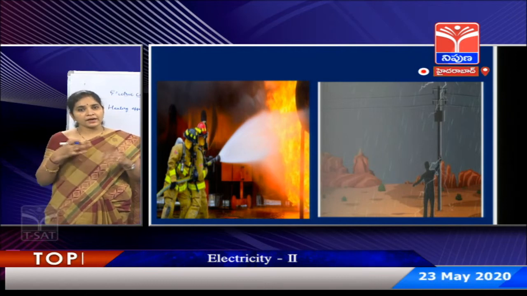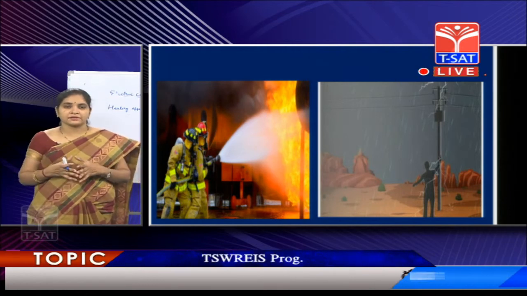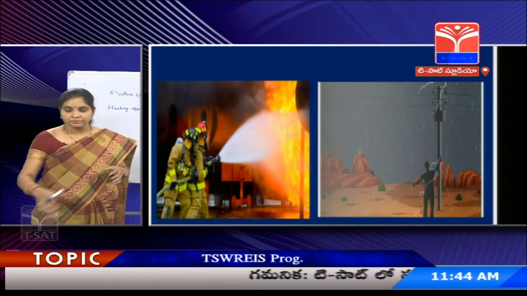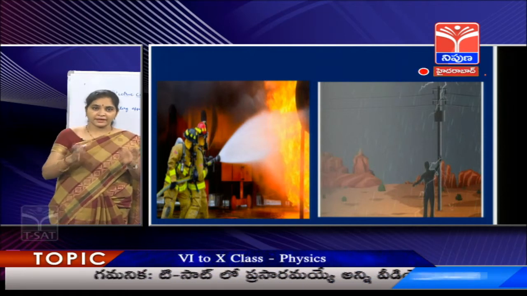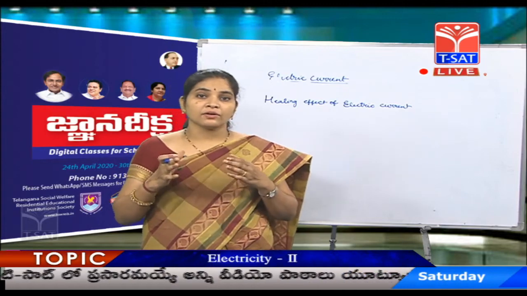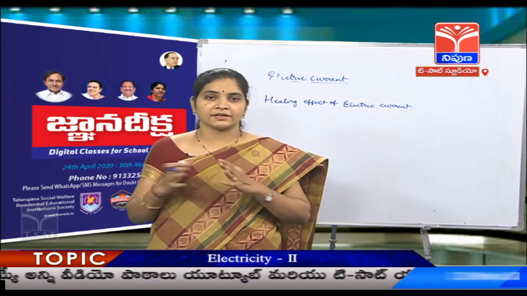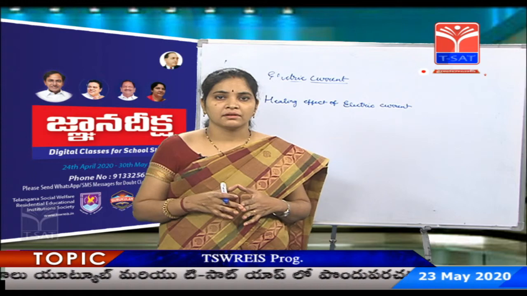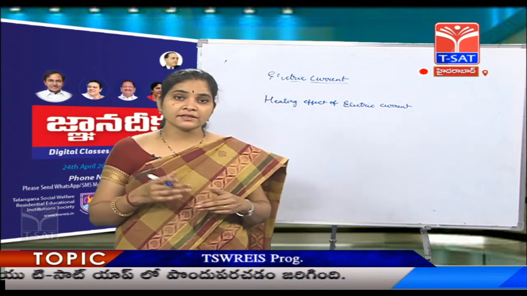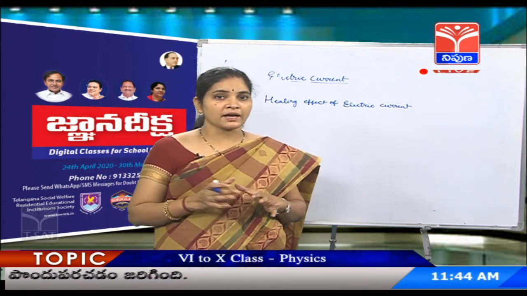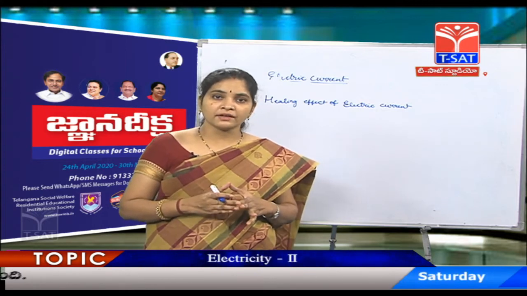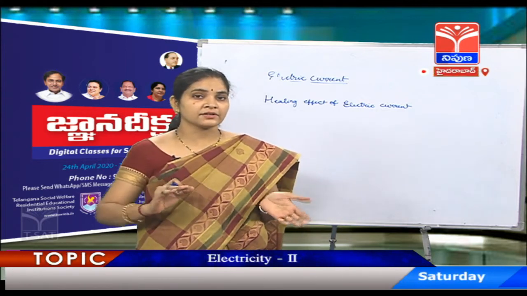So, what do we understand from these two pictures? We understand that not only metals, liquids also conduct electricity. Children, let us perform a small activity to test whether liquids conduct electricity or not.